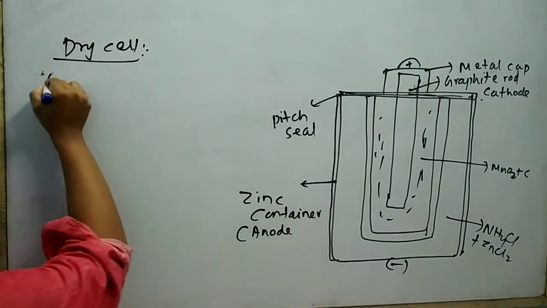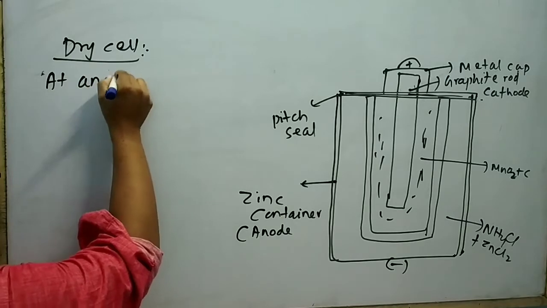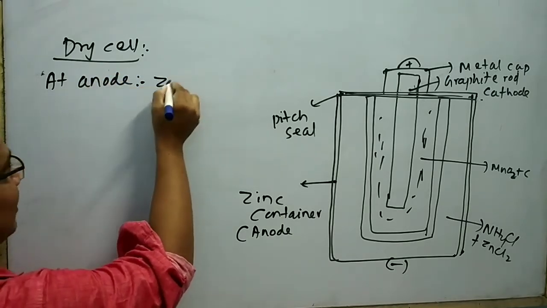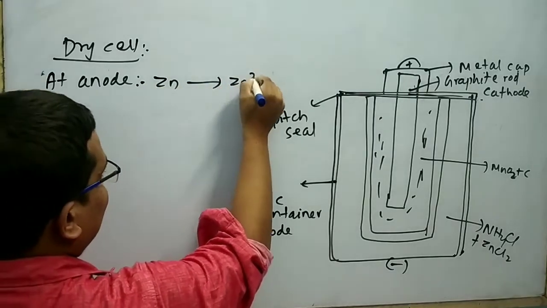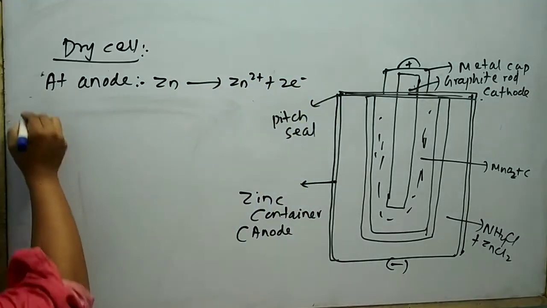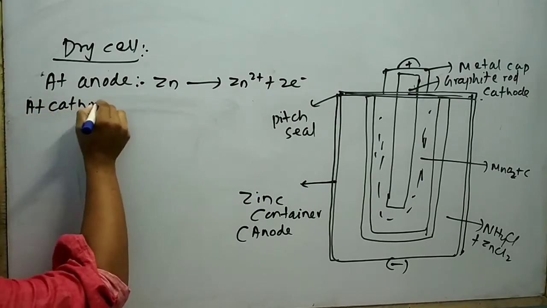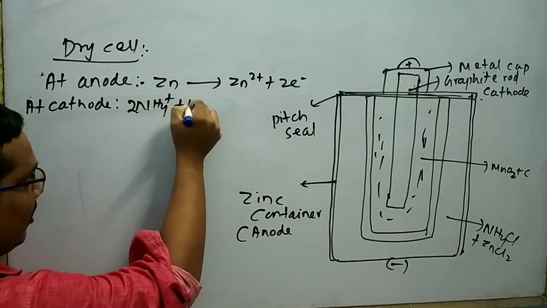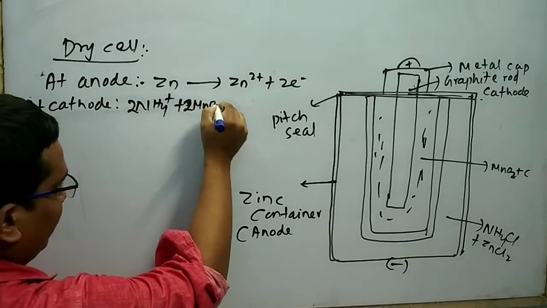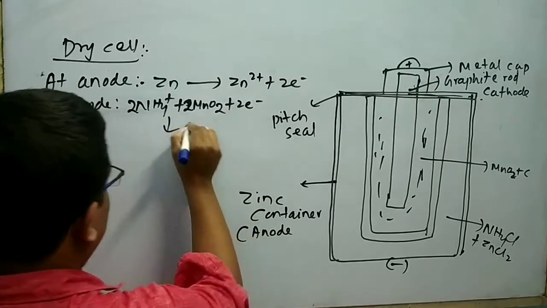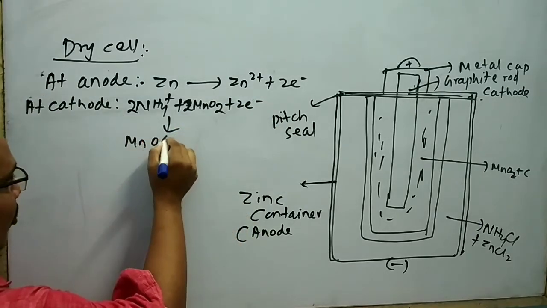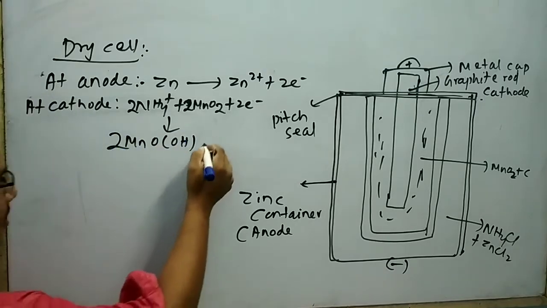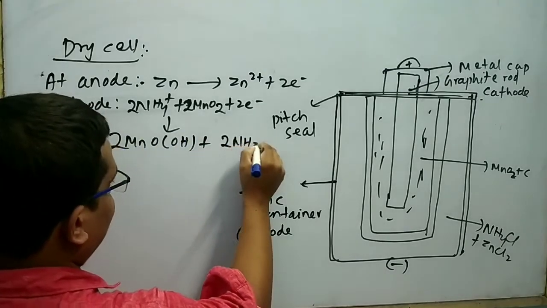In this cell, these are the reactions that take place. At the anode, zinc undergoes oxidation and gives Zn2+ plus 2 electrons. At the cathode, 2 NH4+ plus 2 MnO2 plus 2 electrons gives 2 MnOOH plus 2 NH3.